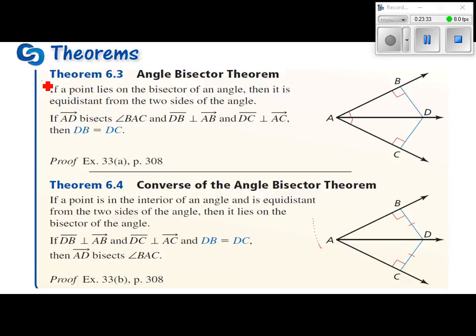On these two theorems, write that and that. Again, you may want to draw the pictures, that's up to you, whatever's going to help you the most.